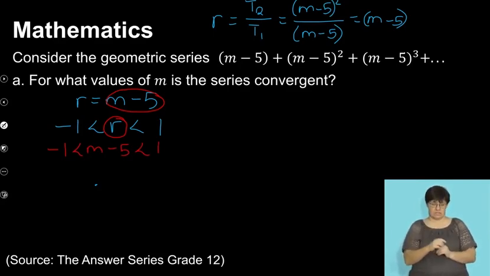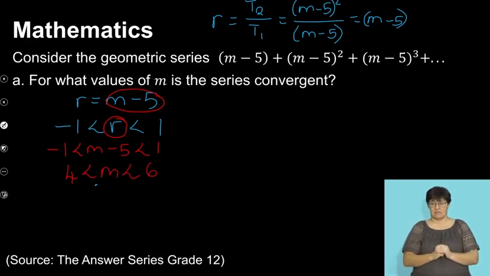So in order to determine the barriers that will work, I'm going to have to add 5 to the left-hand side of the inequality. I'm also going to have to add 5 to the right-hand side of the inequality. So that means that I'm going to have 4, because -1 plus 5 is 4. And then I'm going to have 6.